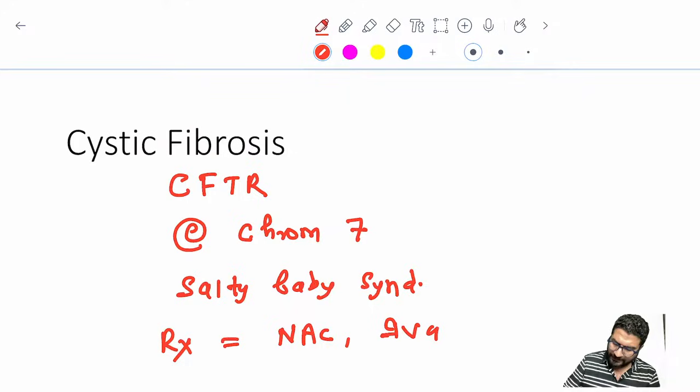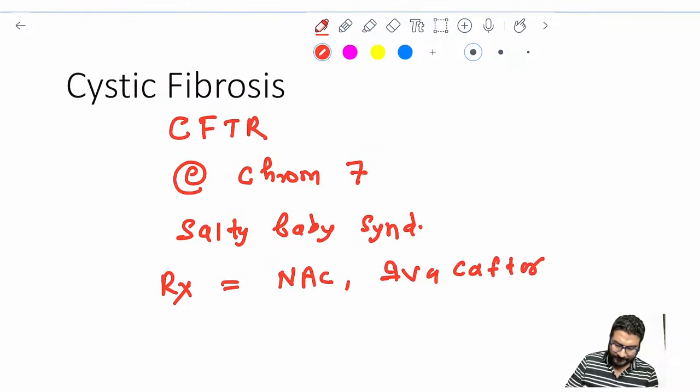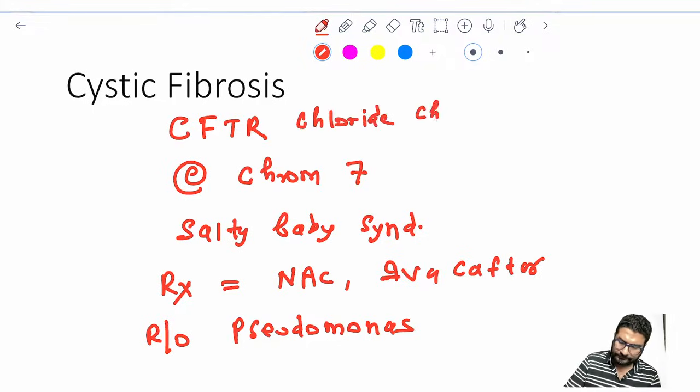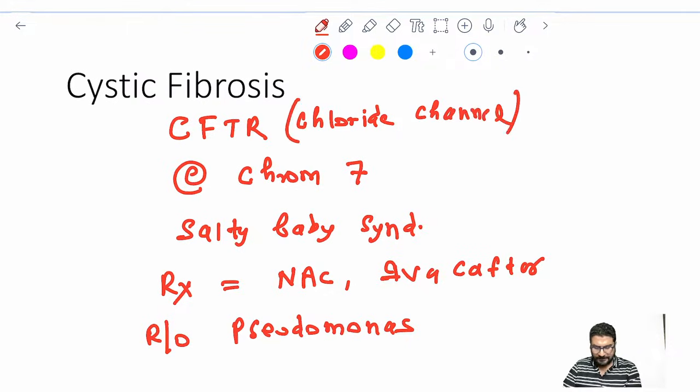That new drug is called Ivacaftor. Patient को problem क्या होगी? What is the problem? Patient will have, there is risk of Pseudomonas infection. Yes, it's the chloride channel defect.